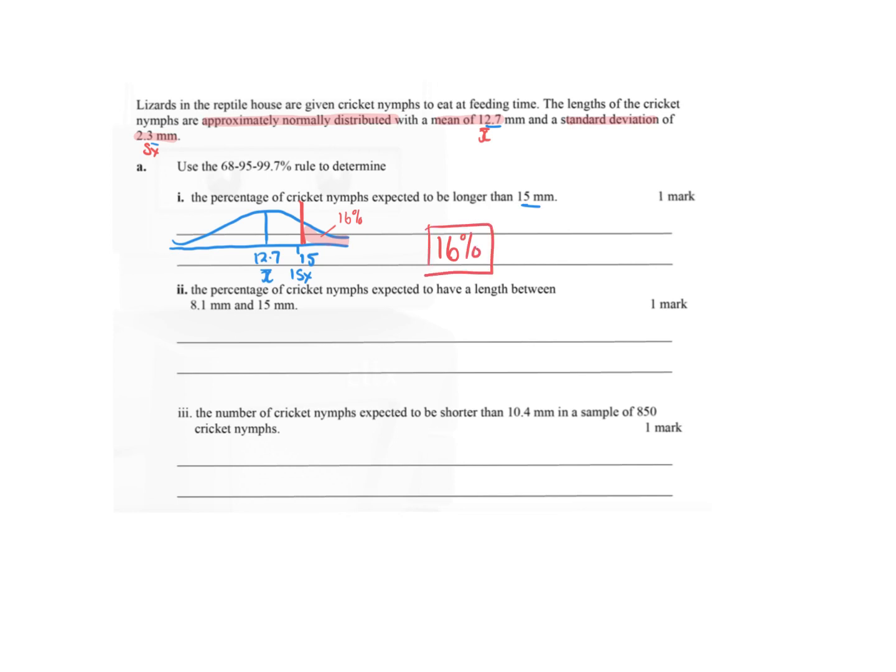Okay, in the next one, what is the percentage of crickets expected to have a length between 8.1 and 15? I was telling you all the time, these numbers will relate to adding or subtracting the standard deviation to the mean. So we know the mean is at 12.7. If we go up one standard deviation, we get 15.